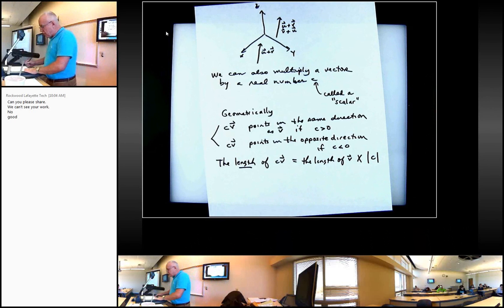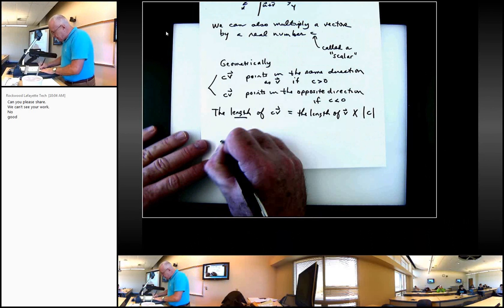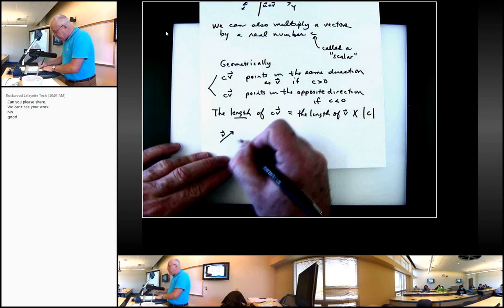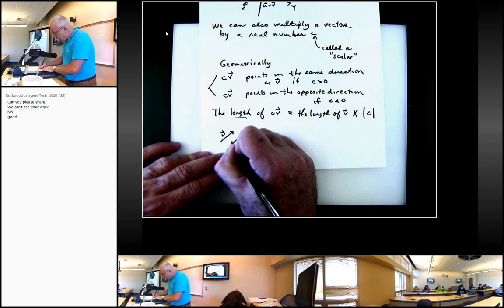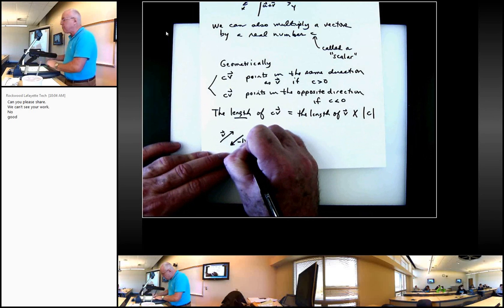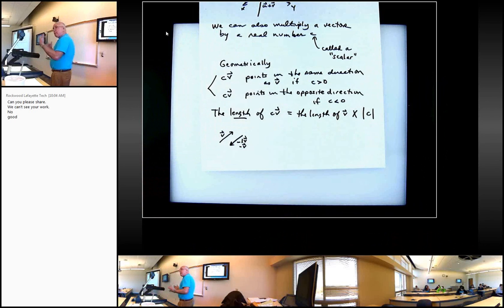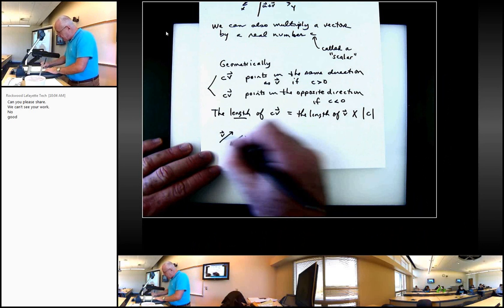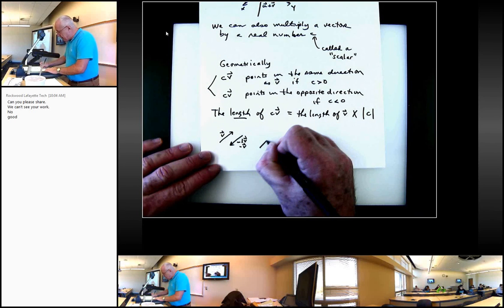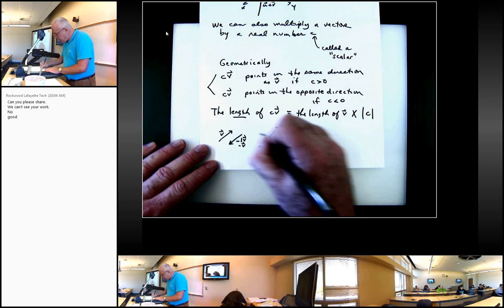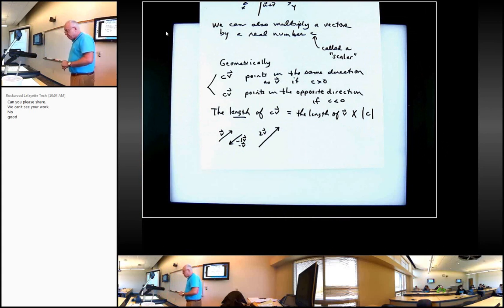So let's just draw a couple of pictures here. If this is our initial vector v, minus v, which is really minus 1 times v, has the same length but is pointed in the opposite direction. Now, say we multiplied our original vector by 2, we would have the same direction, but 2 times the length. So here is 2 times v.